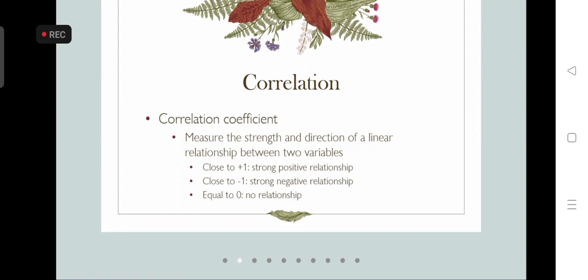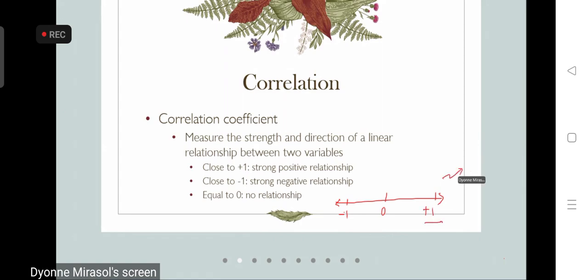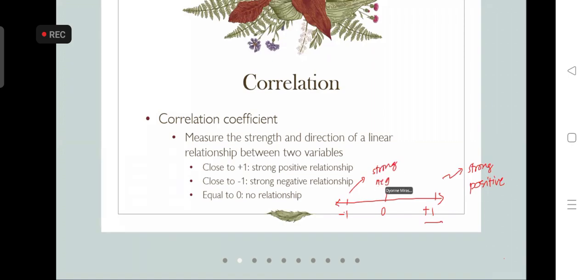Visually, on a line: -1, 0, +1. So +1, strong positive; -1, strong negative; and 0, of course, is no relationship.